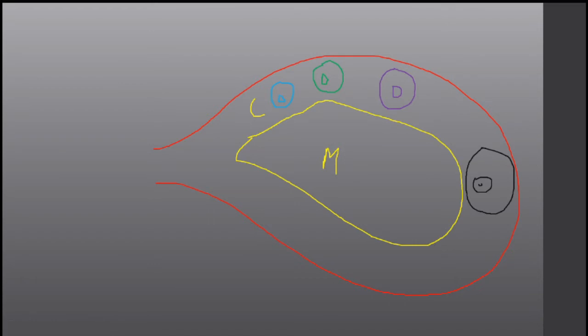You can see this is the primordial follicle, this is the primary follicle, this is the secondary follicle, and this is the matured ovarian follicle, also called the Graafian follicle.